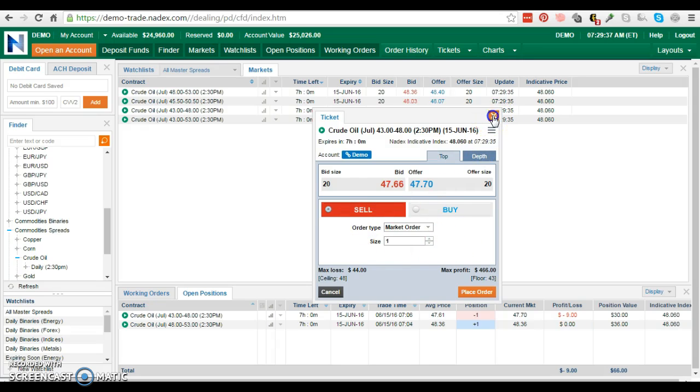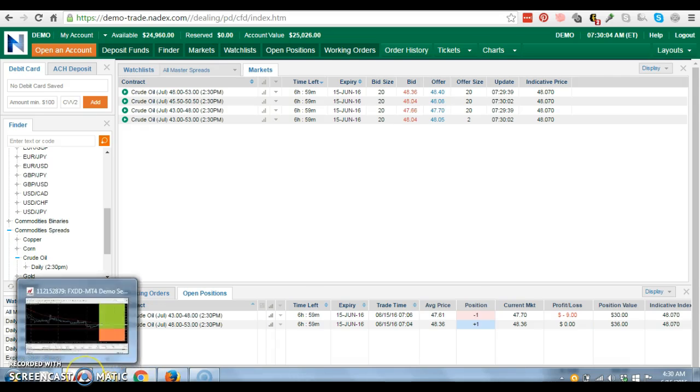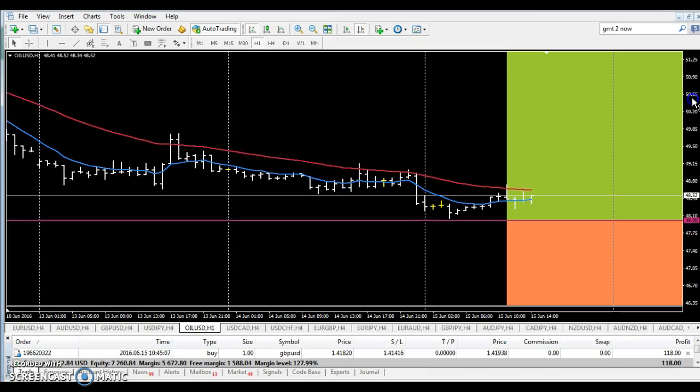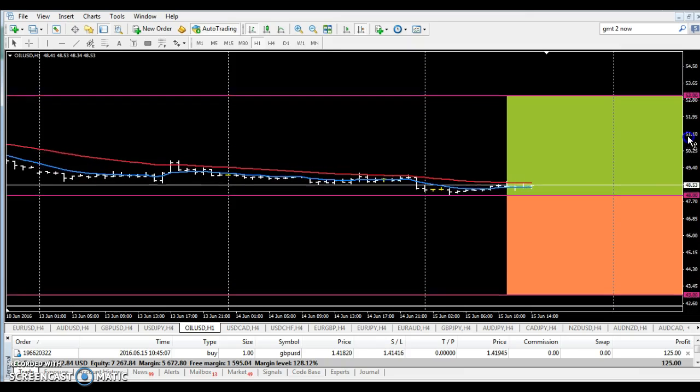So what we did, in a nutshell, we bought this floor to a ceiling of 53.00, and we sold this ceiling. So the floor and the ceiling are the same, and I can show you that right here. This is our bull and our bear spreads right here, visually represented on the oil chart.